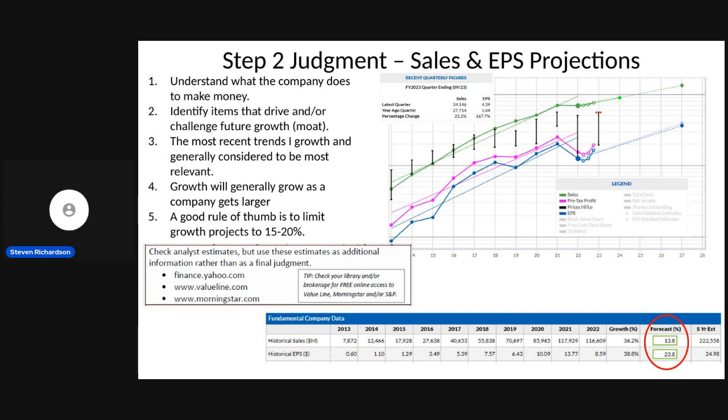the sales steady. The most recent trends, growth, and generally considered to be most relevant. So you can look at what happened 5 and 10 years ago, but the most recent is really what's impactful because it's what the company is doing these last quarters and this last year, maybe the last 2 years, what their direction is.